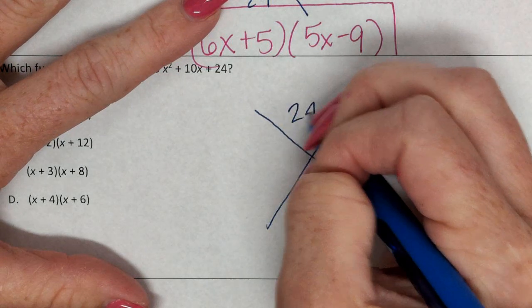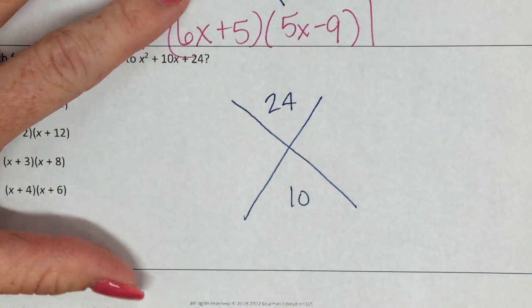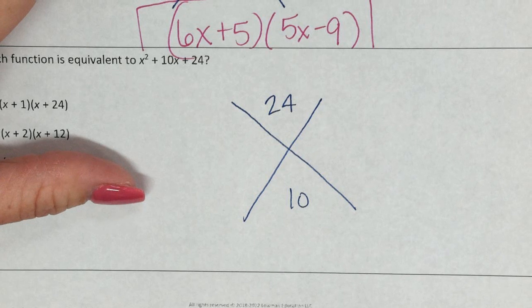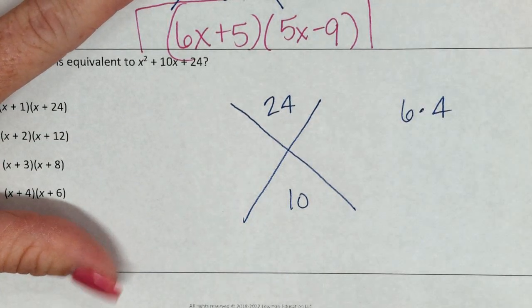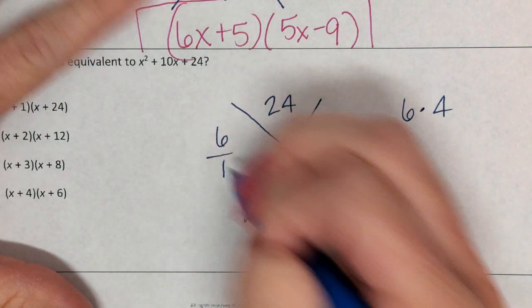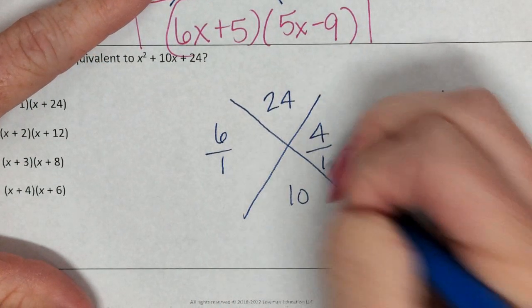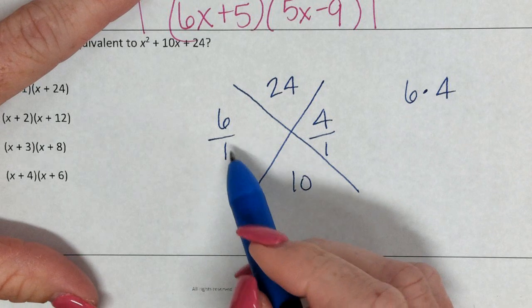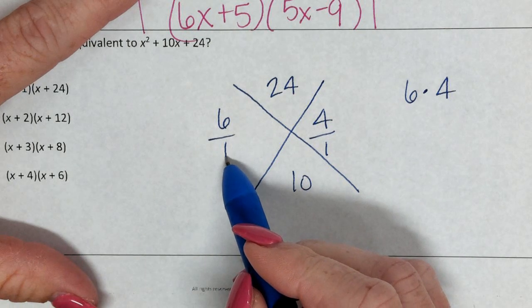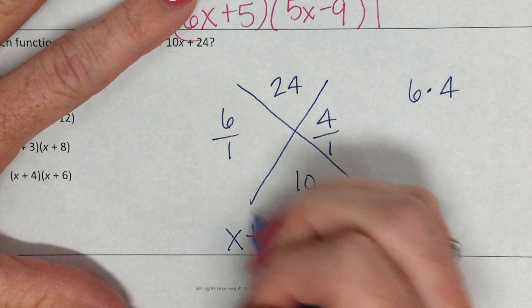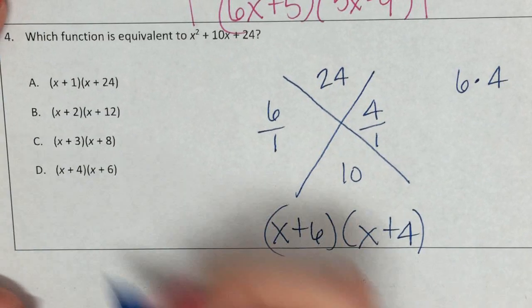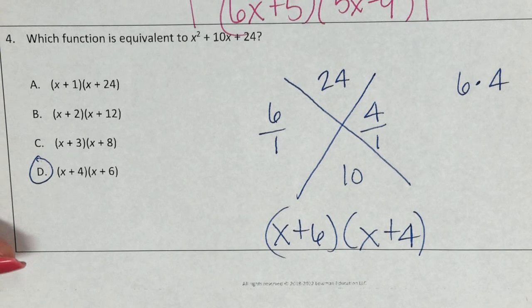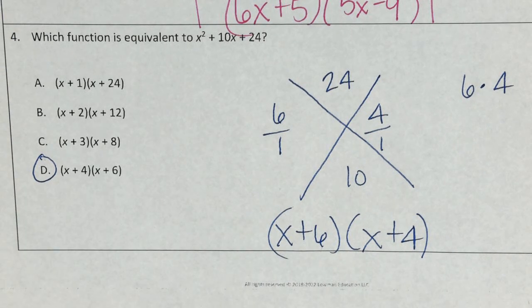What's B? 10. I'm looking for factors of 24 that add to give me 10. 6 times 4. Both positive. So I have 6 over A and 4 over A. So which number gets the X? The 1. So x plus 6 times x plus 4. And the answer was D. So had I chosen to do FOIL, I would have had to do it 4 times because D was the answer.